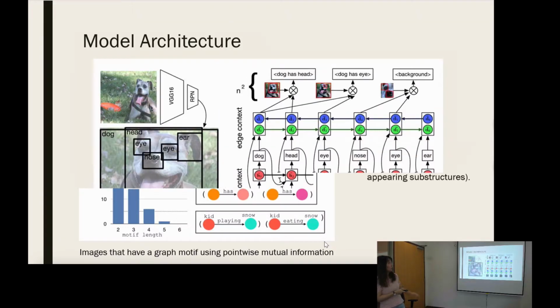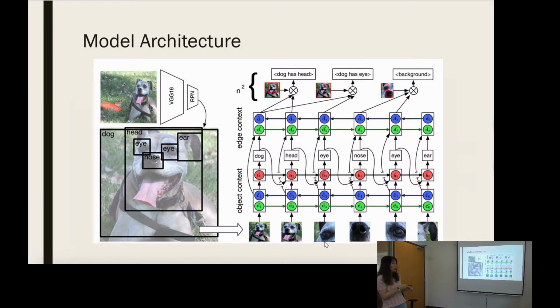Then let's go to the model architecture. This is the whole model of the scene graph. The key challenge here is to not only predict the object and the relationship, but also compose with the global context. All the analysis before tells us how important the global information is when we do this kind of scene graph.